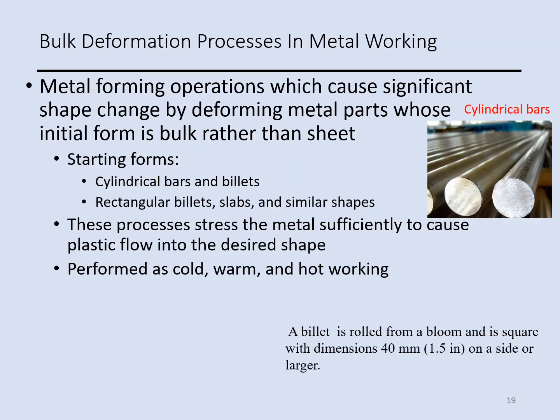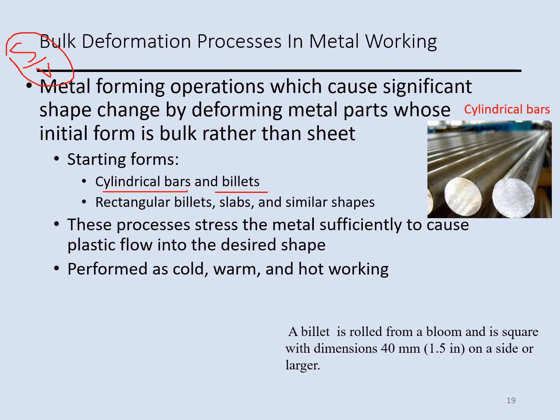For the processes, we start with the bulk deformation, and in bulk deformation, as we mentioned before, the surface over volume ratio is small. So the material that we are working has a smaller ratio of surface to volume. The starting forms are cylindrical, bar, or billet.